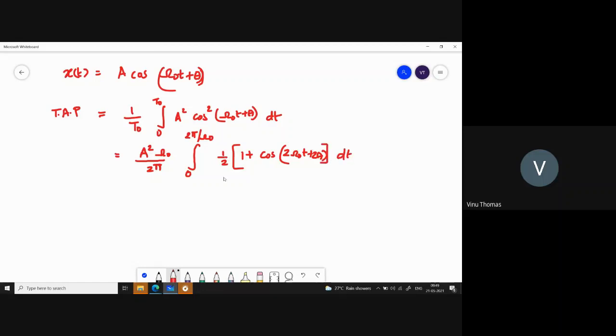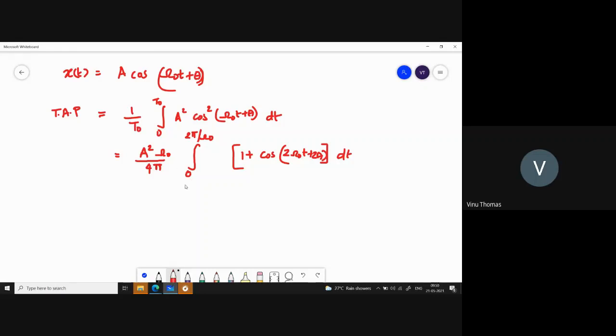So I'll take this 1 by 2 outside, and therefore I can write this as a squared omega 0 by 4 pi, integral 0 to 2 pi by omega 0, 1 plus cos 2 omega naught t plus 2 theta dt.